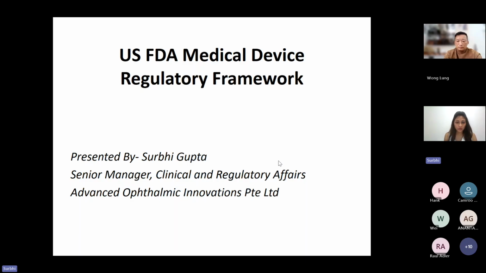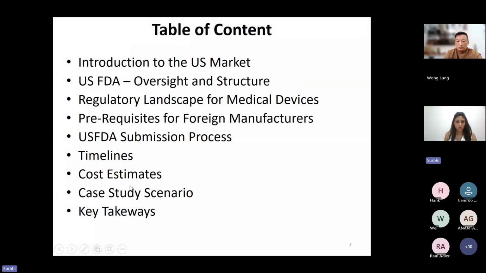So without further delay, today we are going to quickly cover an introduction to the US market, US FDA oversight and structure, the regulatory landscape, prerequisites for foreign manufacturers, the US FDA submission process, timelines, estimated cost, one case study scenario, and important key takeaways when you are dealing with the US FDA.